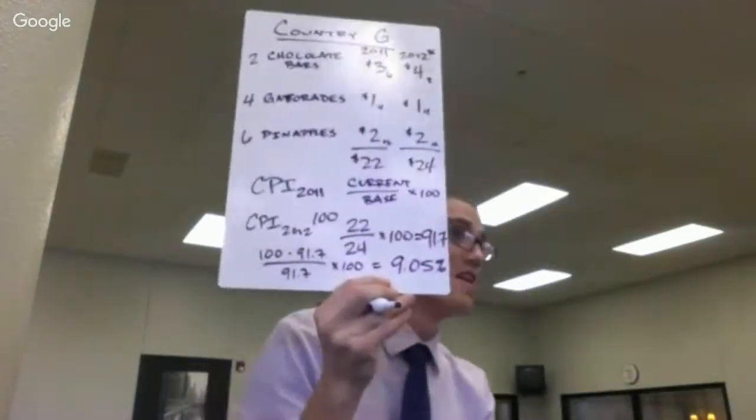It'd be 8.3 divided by 91.7. All right. So you should have an inflation rate of around 9%. 9.05. All right, so now you have inflation of 9.05%.